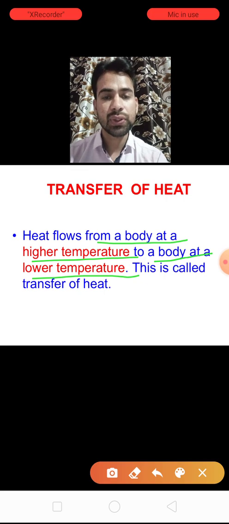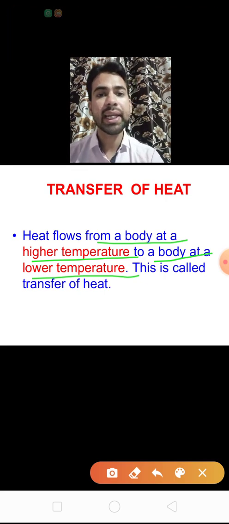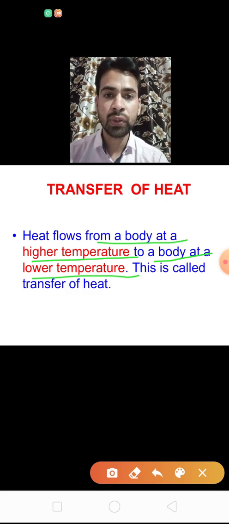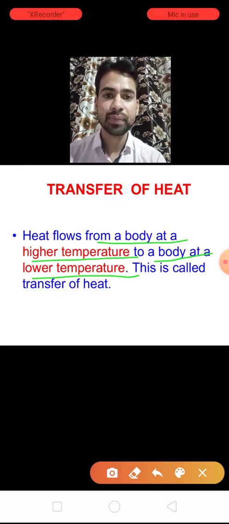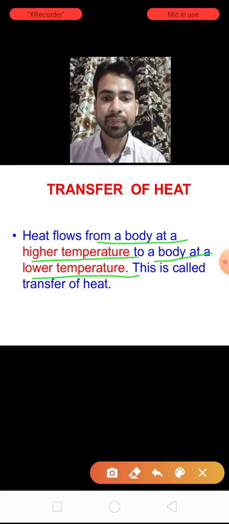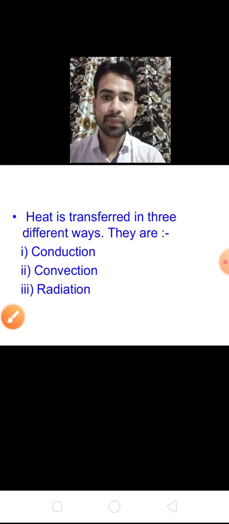In solids and liquids, heat can easily transfer from the hotter region to the colder region of an object. Heat transfer can take place by three methods that we discuss in this topic.